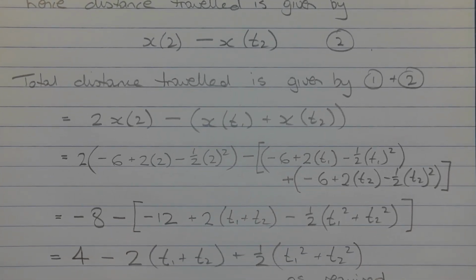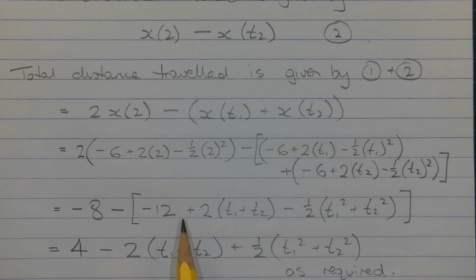So we can simplify the numerical component. 2 times x of 2 is negative 8. And we have negative 6 minus 6, which gives us negative 12, inside the square brackets. And we have plus 2 times t1 plus t2 in brackets, factorising out the 2, minus half times t1 squared plus t2 squared, factorising out negative half.